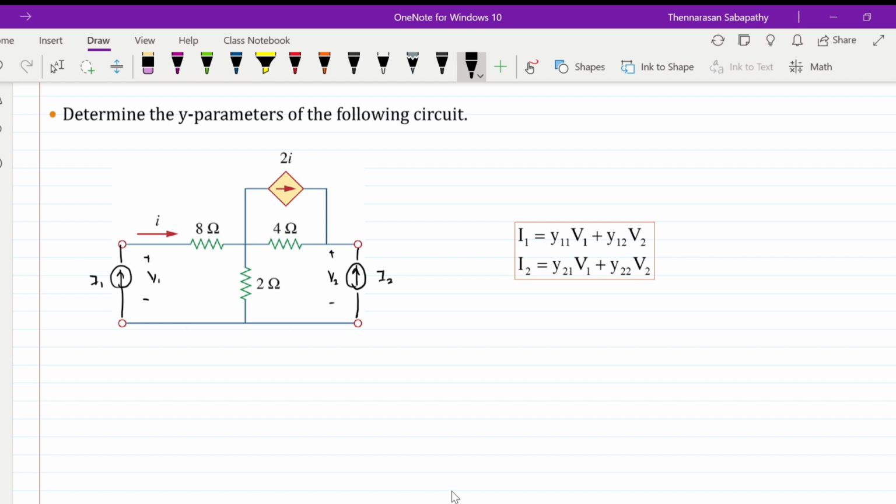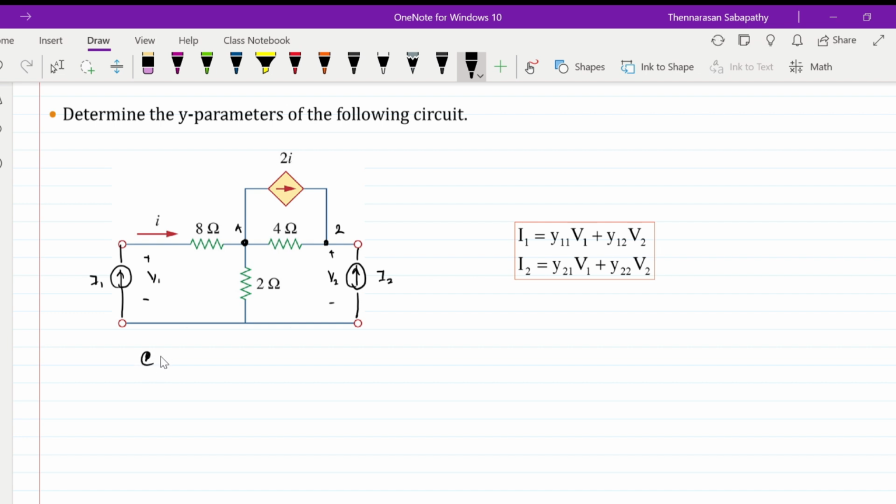Again I'm going to use nodal analysis for this question, because loops are actually 3, and nodes means only one here and another one here. Let's say we label this node as A, because we cannot label it as V1 because we have a resistance in between, and this node we can label as 2.